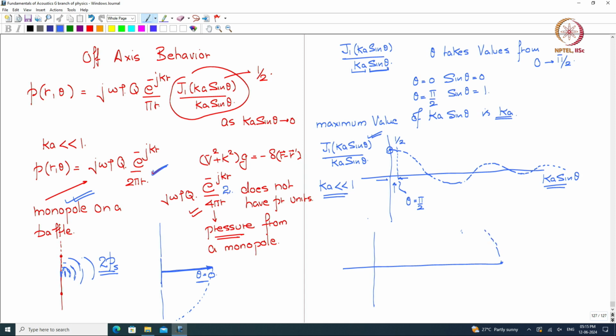So the plot looks like this, it's pretty much non-directional. This is the pressure picture.